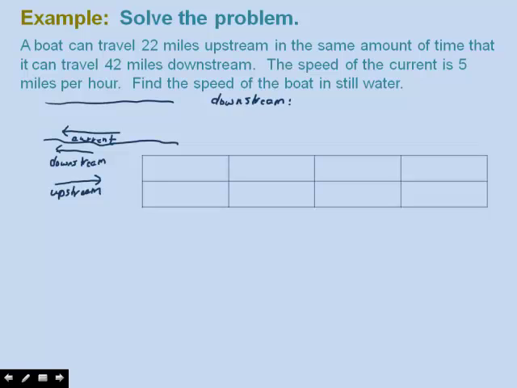So if the boat is going downstream, the boat's speed is going to be added to the current. So downstream we have the boat's speed plus the speed of the current.